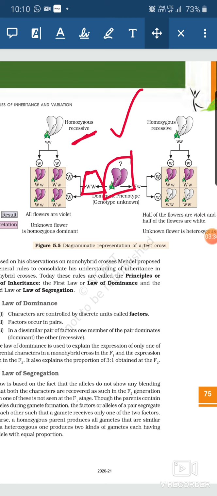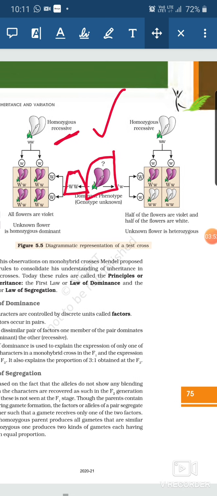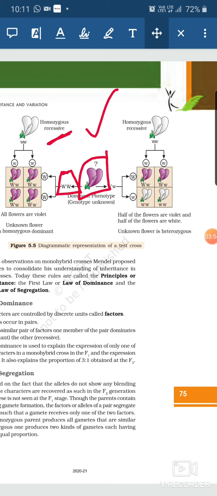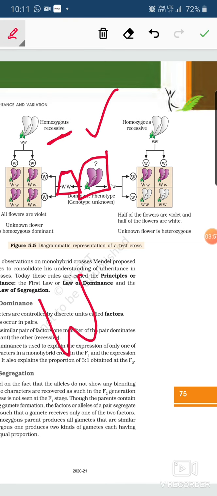That means the unknown flower has the homozygous dominant genotype, whereas if you get the result in 1:1, that is half of the flowers violet and half white, it means the unknown flower is heterozygous and has the genotype like this. So this is all about the test cross.